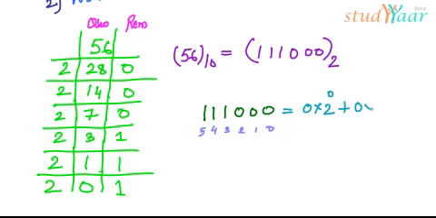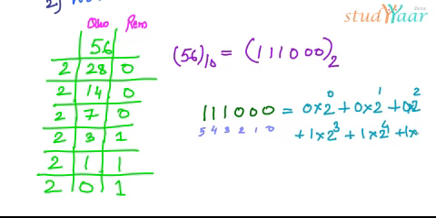Plus 0 into 2 raised to 1, plus 0 into 2 raised to 2, plus 1 into 2 raised to 3, plus 1 into 2 raised to 4, plus 1 into 2 raised to 5.